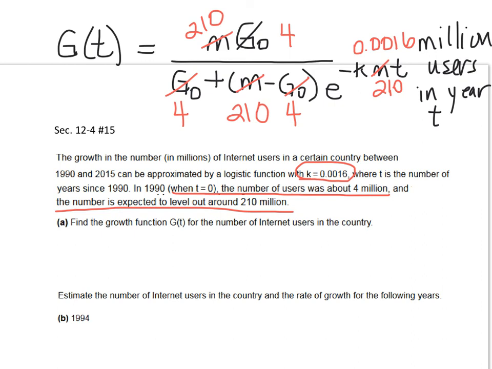Now, before I get started simplifying quite everything, I'm going to try to multiply a few things out. So 210 times 4 is 840. And as we've said, g sub 0 is 4.